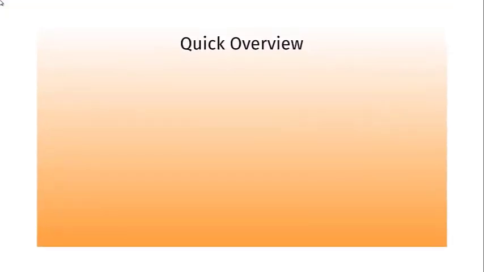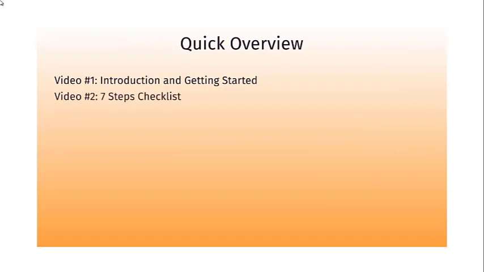Now what I want to do is talk about the video course itself and give you a quick overview. This is video number 1. Video number 2 is the 7 steps checklist. For videos 3, 4, 5, 6, 7, and 8, we're going to dive deeper into those 7 steps.